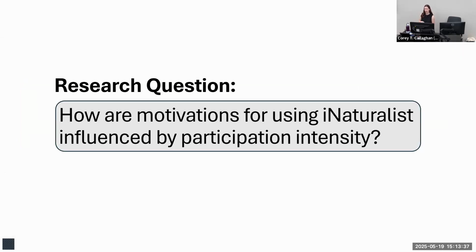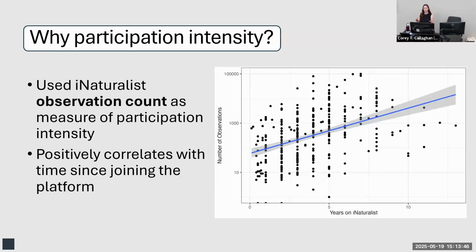And so I asked the question, how are motivations for using iNaturalist influenced by participation intensity? And so you might notice that I am saying participation intensity, but then on that previous slide, I was kind of talking more about a timeline. And the reason for that is that, ideally, if we wanted to see how motivations changed over time, I would be a PhD student and I would do a longitudinal project for 5 years.